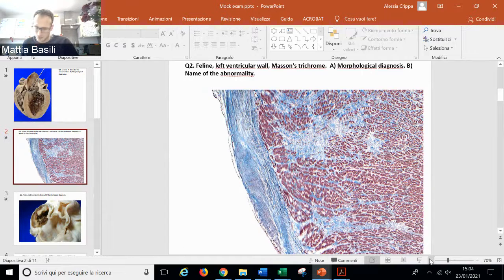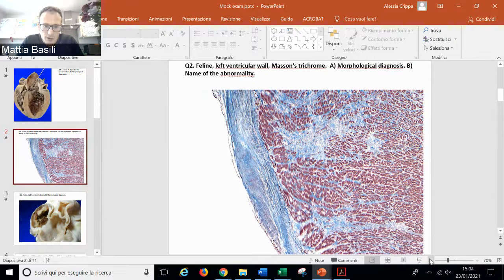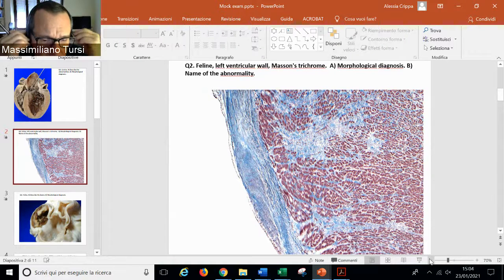Then in the description I put fibrotic tissue infiltrating areas of poor or no myocardiocytes and the subendocardial thickening. But did you see also the endocardial layer? Yeah, so that's what I called subendocardium. Am I wrong? Subendocardial is in the myocardium.